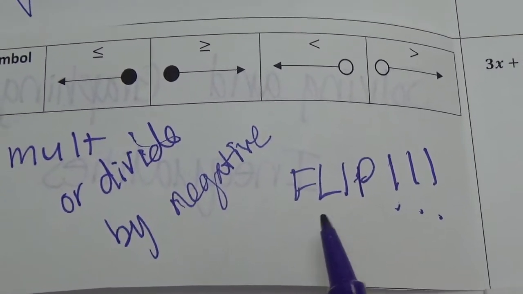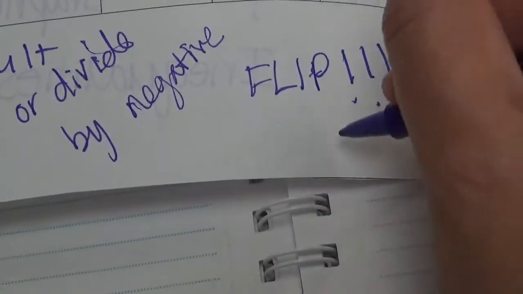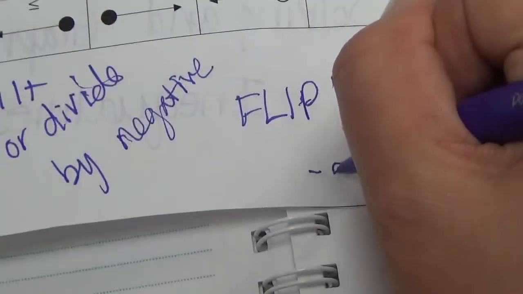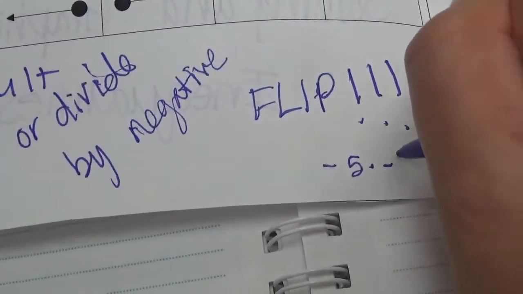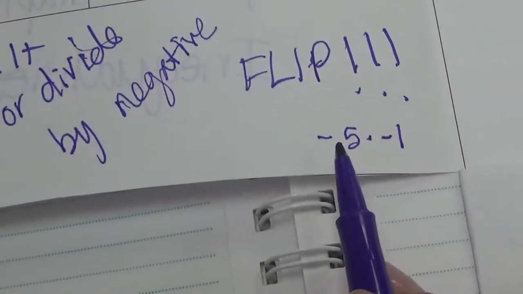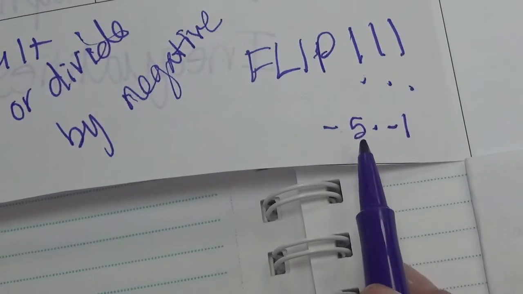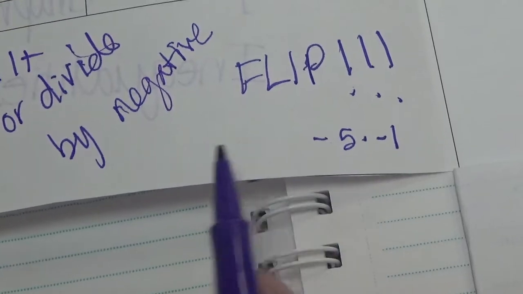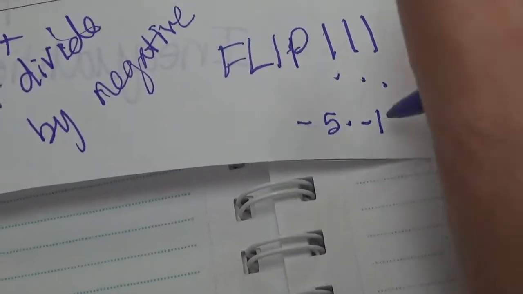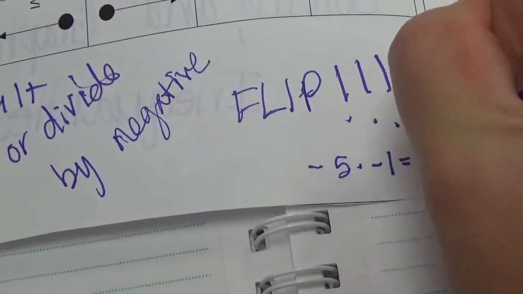Main reason is that if you imagine if you had -5 times -1. Right here, -5 is on the negative side of the number line. When you multiply it by a -1, it flips to the positive side.